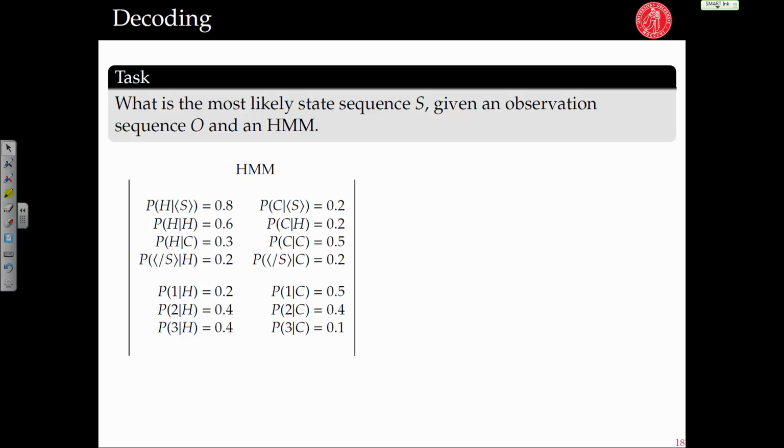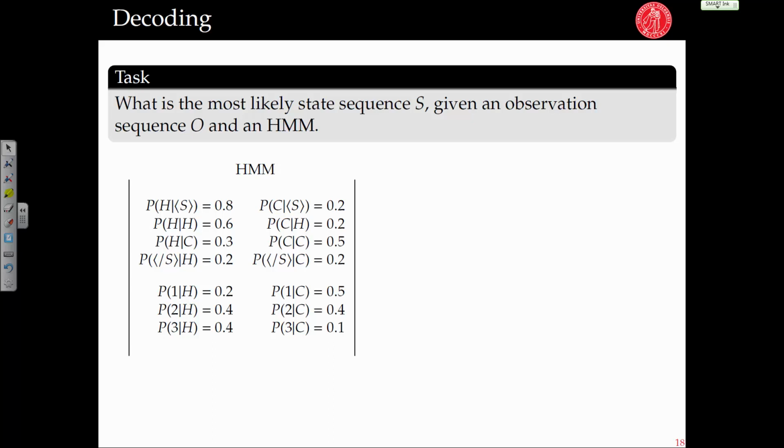So this is the hidden Markov model that I just introduced with the graph. These are the values, the transition probabilities and the emission probabilities. And normally, in hidden Markov models and other problems, the problem of finding the hidden state sequence is typically called decoding. So decoding refers to finding the hidden state sequence.